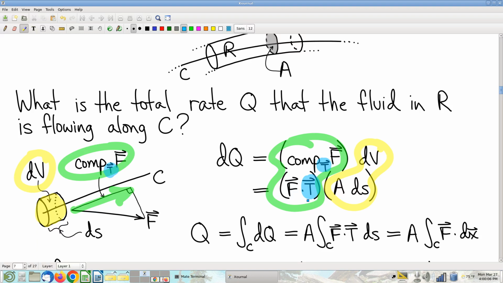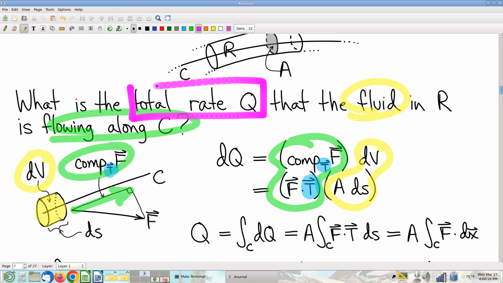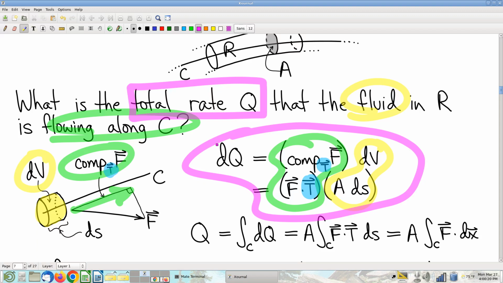And so the combined extent of fluid flowing along the curve, that total rate, I'm just going to be adding up a bunch of things that look like this. Just component times dV, which again, you plug in the algebra, the geometry of the picture, you get F dot T times A ds. That's just how the details work out.